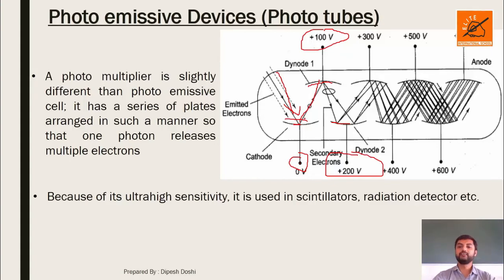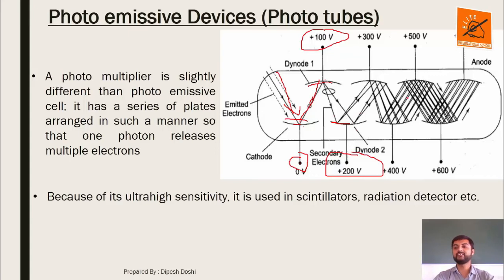So this can work as negative, this can work as positive, and the electron will be attracted by this plate. Now when the electron is attracted by this plate and is in motion, it will collide with other electrons, and two or more electrons will be emitted.